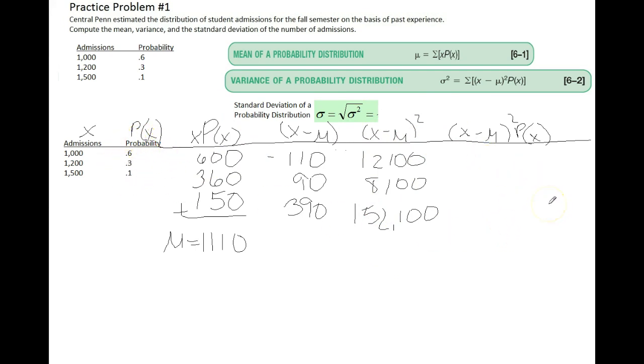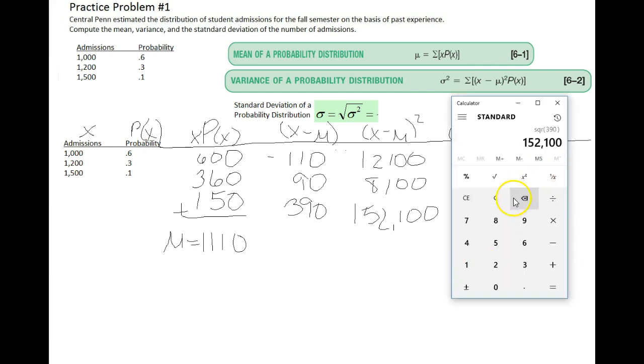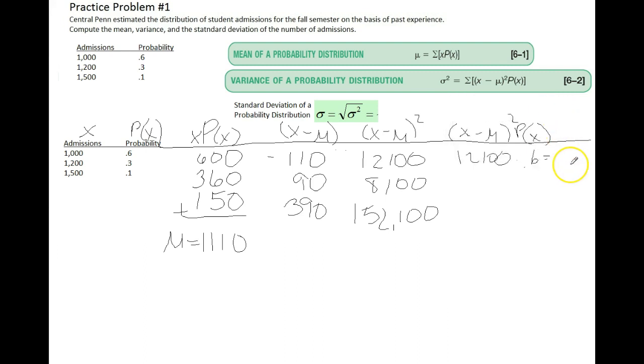So for example, I'm going to take 12,100 times 0.6, and let's see what we get. 12,100 times 0.6, 7,260.